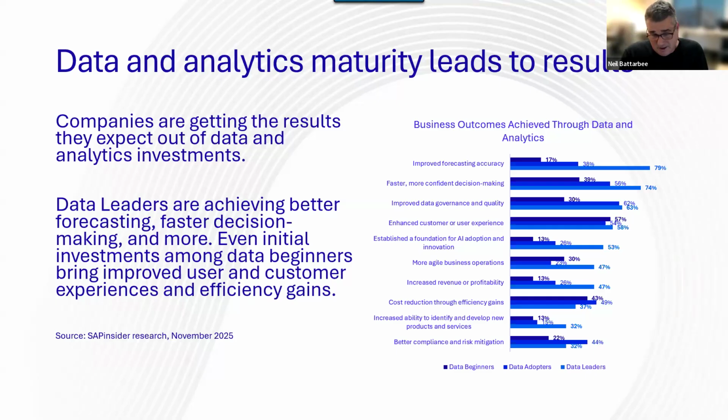They're starting with manual processes. So on average, data beginners were seeing a 43% in efficiency gains through deploying the data strategy and BI and insights.